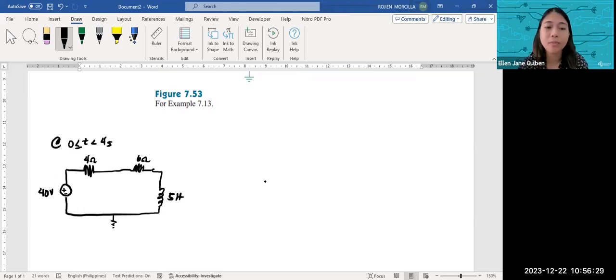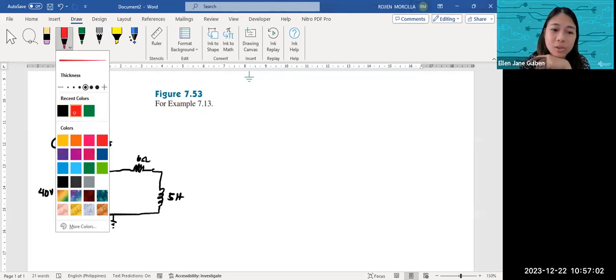Now, usually what we do, as in the previous example, is we will have the inductor shorted, no? Usually, we will be shorting this one, the 5 henry inductor, right?